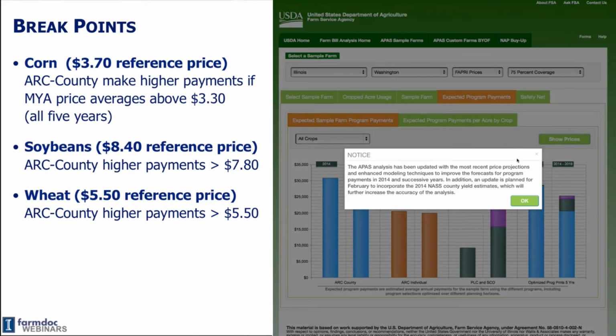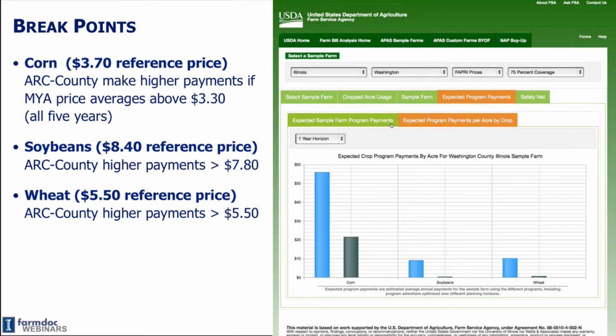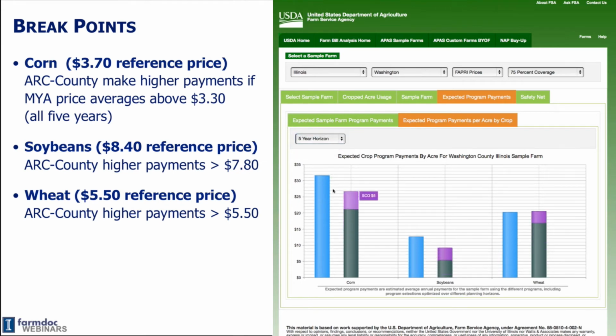If you go into expected program payments, we'll tell you that we've got the most up-to-date, and also that we're waiting for 2014 yields, which will come in the first week of March, and that could change these estimates, in particular for 2014. But if you go into expected payments per base acre and choose the 5-year horizon, you will see payment estimates.